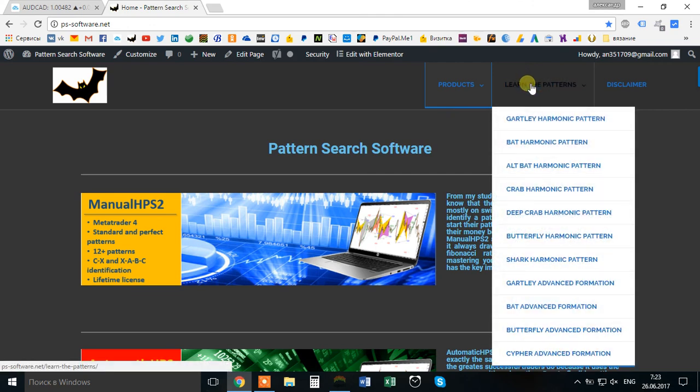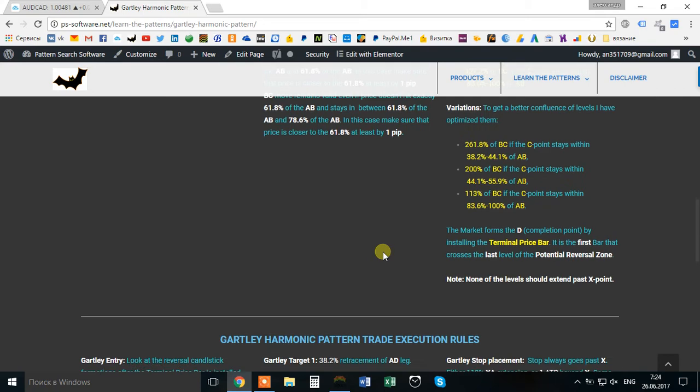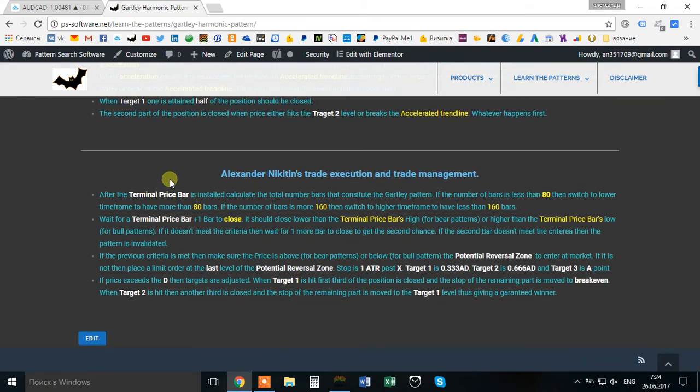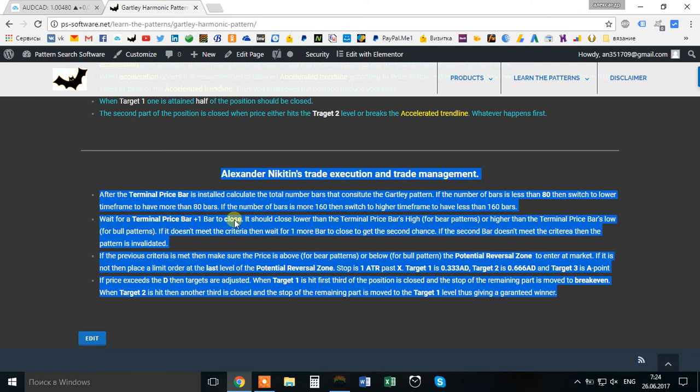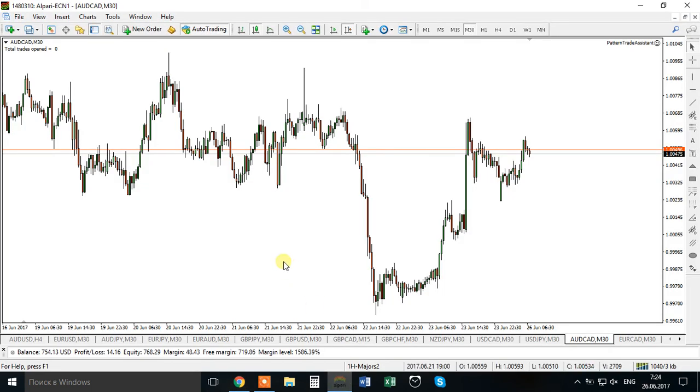And what that Pattern Trade Assistant does, it does the trade management for you that is described in this section, like this. It does my trade management for you. But you can customize that to your favor, of course, and you will have it acting more traditionally.